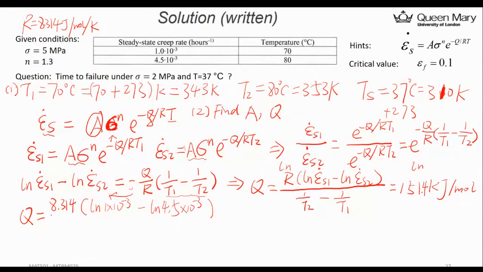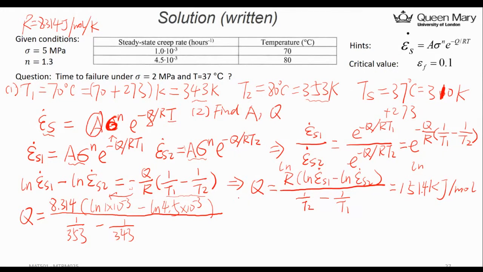So let me just finish writing all the things down, then we'll check the unit. For the bottom, 1 over T2 is here, 353, minus this one, 343 for T1.